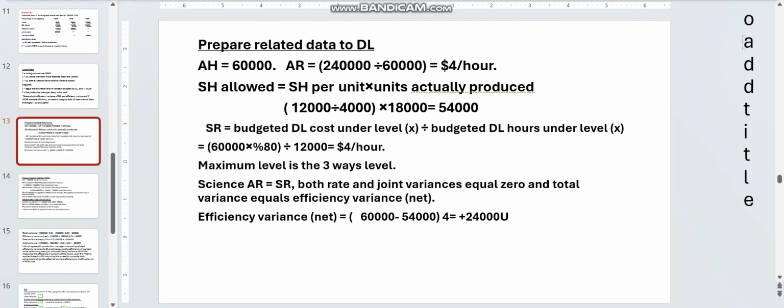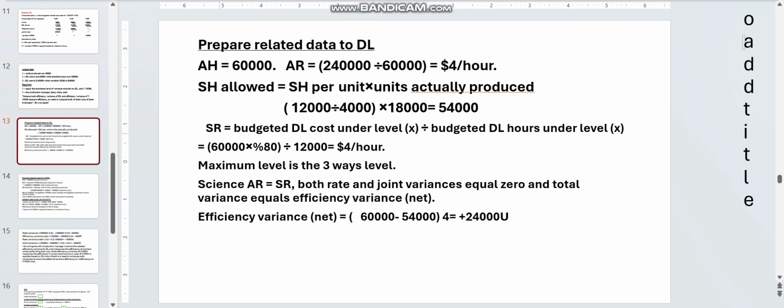So in all cases, you get 3 hours per unit as standard hours per unit times units actually produced. Actual production is 18,000. So it's 3 times 18,000 equals 54,000. So we prepared also standard hours allowed.